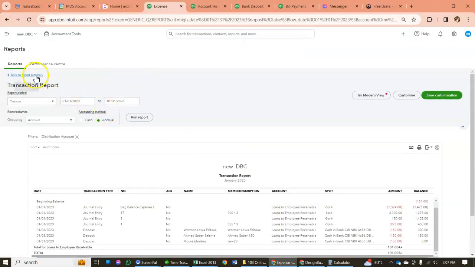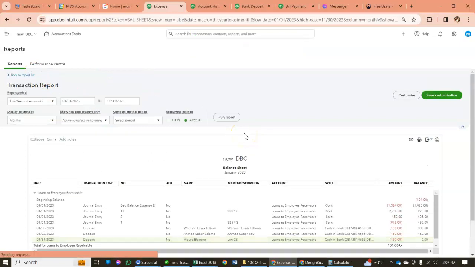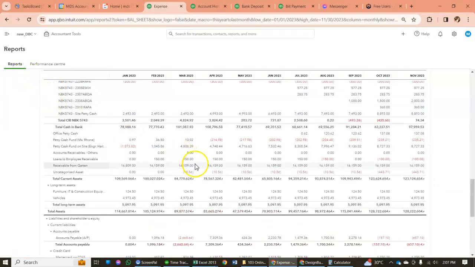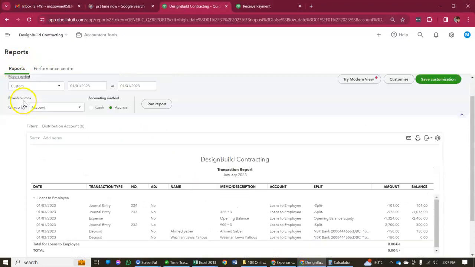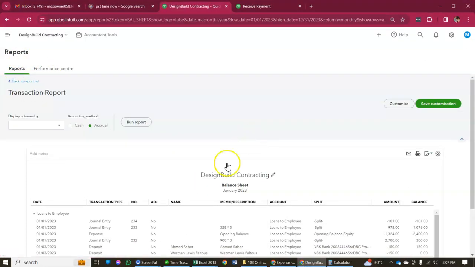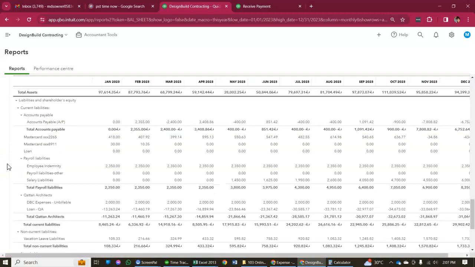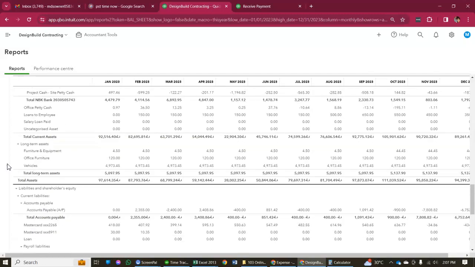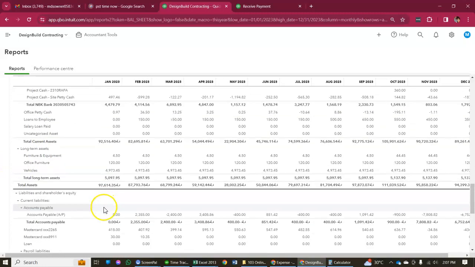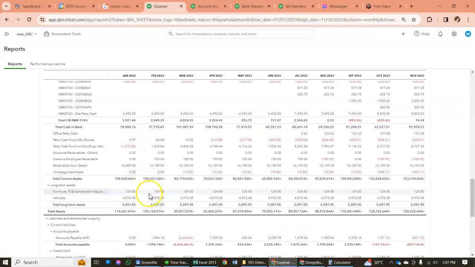From the beginning of the year for that particular loans to employee, we put that one as 150. I mean, we have similar in here.